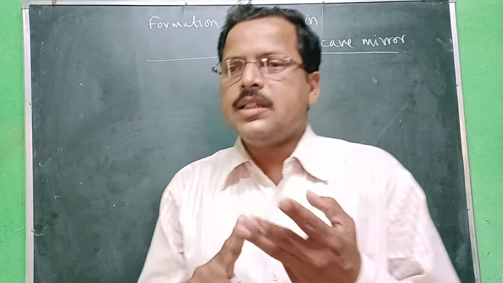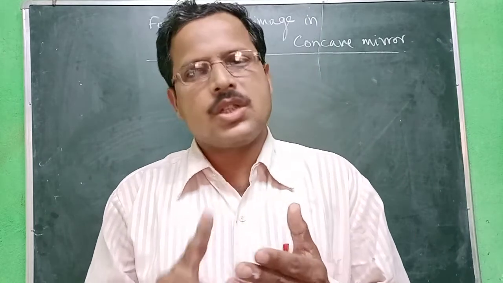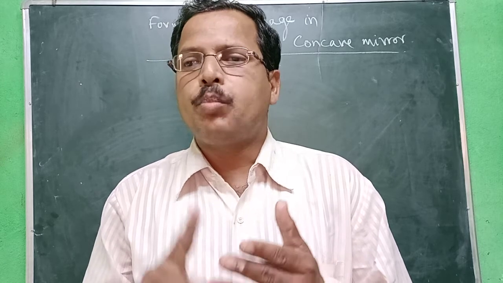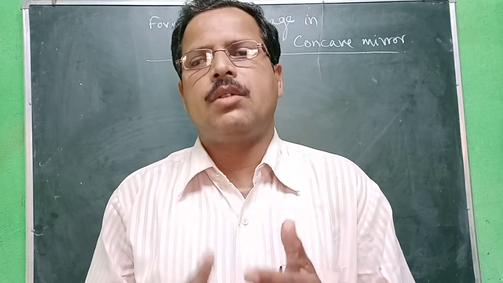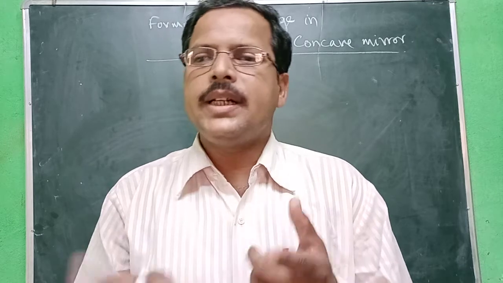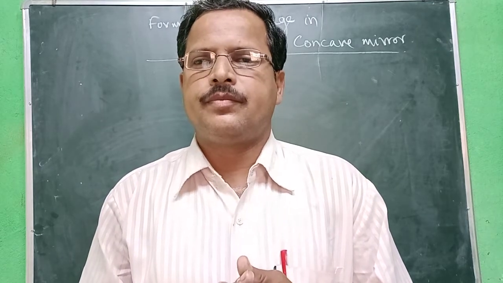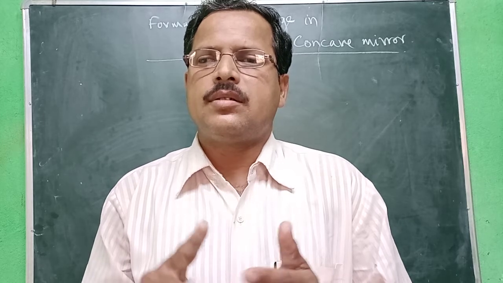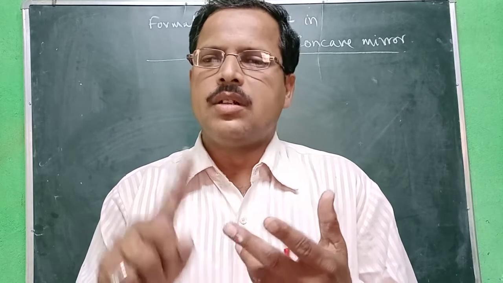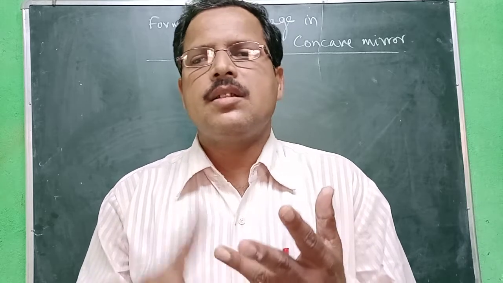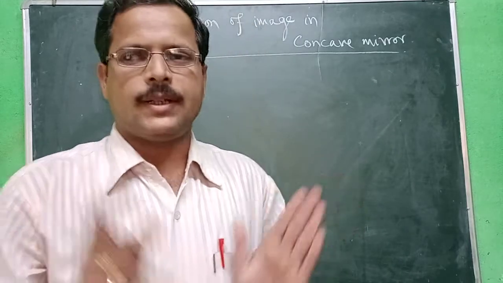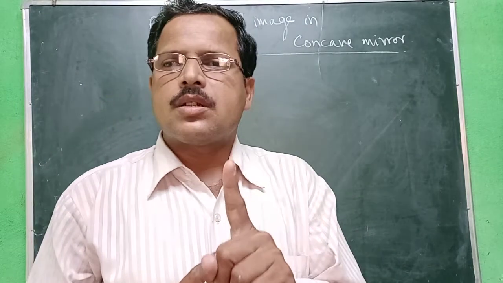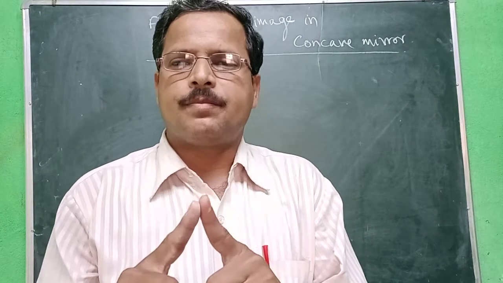And these three are considered according to the position of the object, where it is placed. Accordingly, the position, nature, and size are determined. So the first point is where the object is.